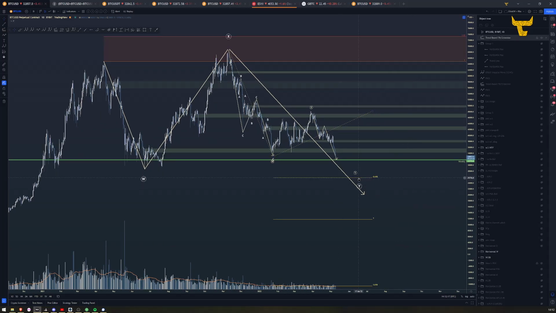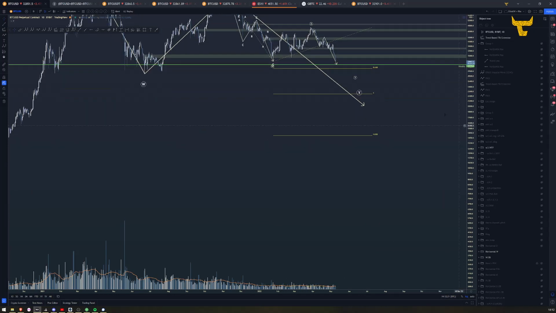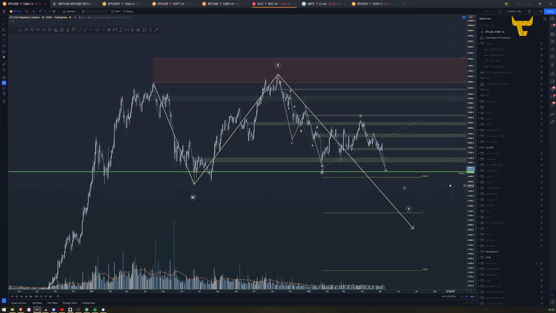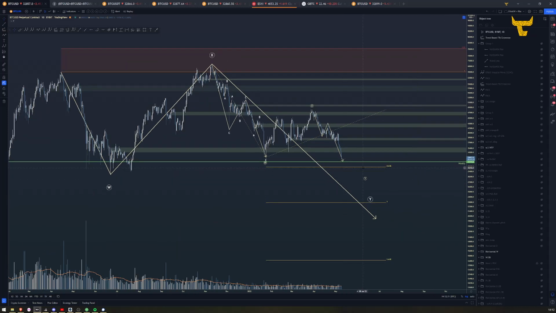We would expect the 0.618. You see it's wide here on log. I like to use log on such a large move, especially on the downside. You see we have the 0.618 coming just a bit below the weekly, and the 1-1 extension coming at 20k, so anywhere in between remains a possible target for this.